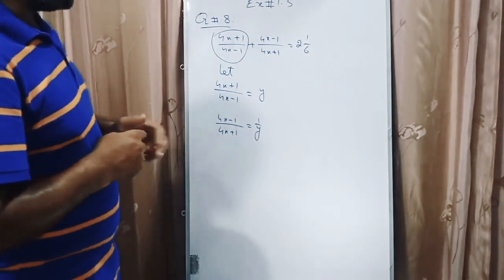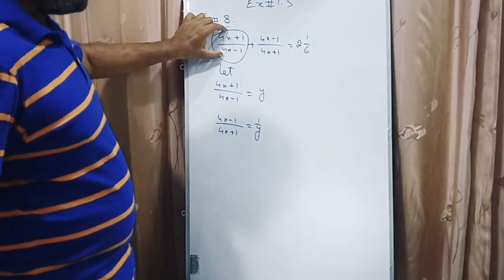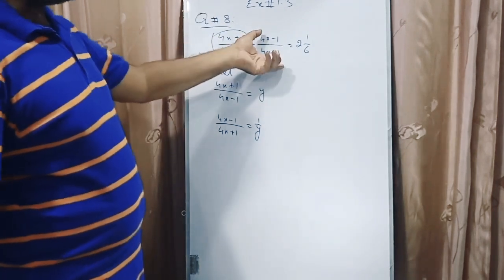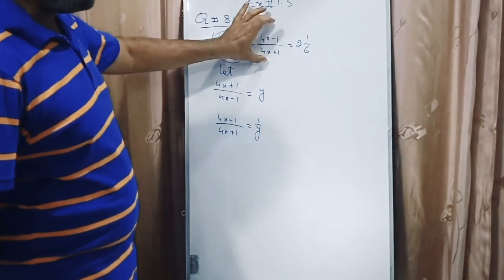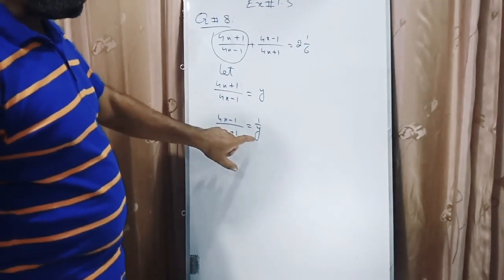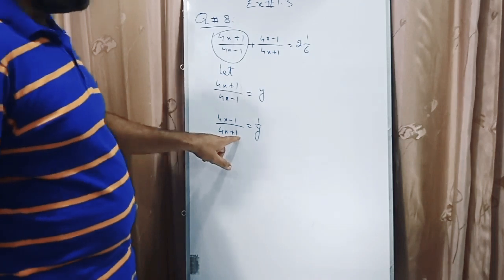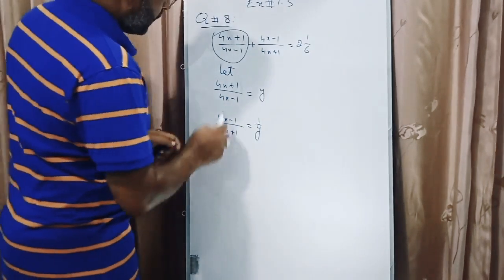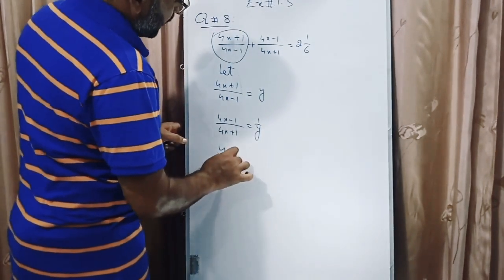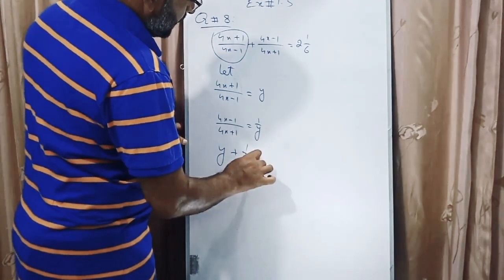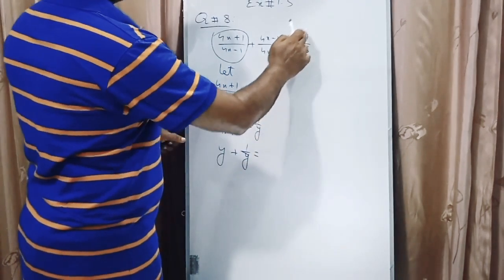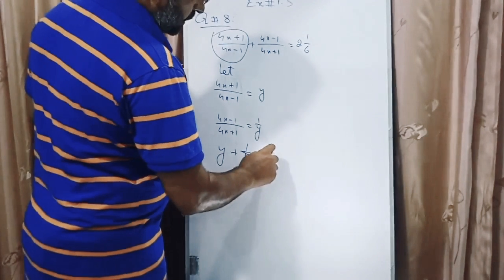It means that in the first part I will write y, and in the second part of the question I will write 1 over y. So we will get y plus 1 over y is equal to, 2 sixes are 12, 12 plus 1, 13 over 6.